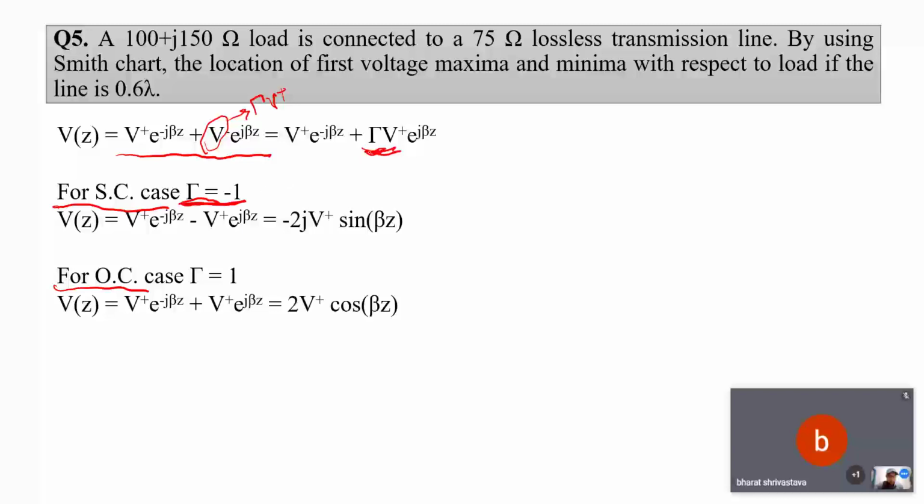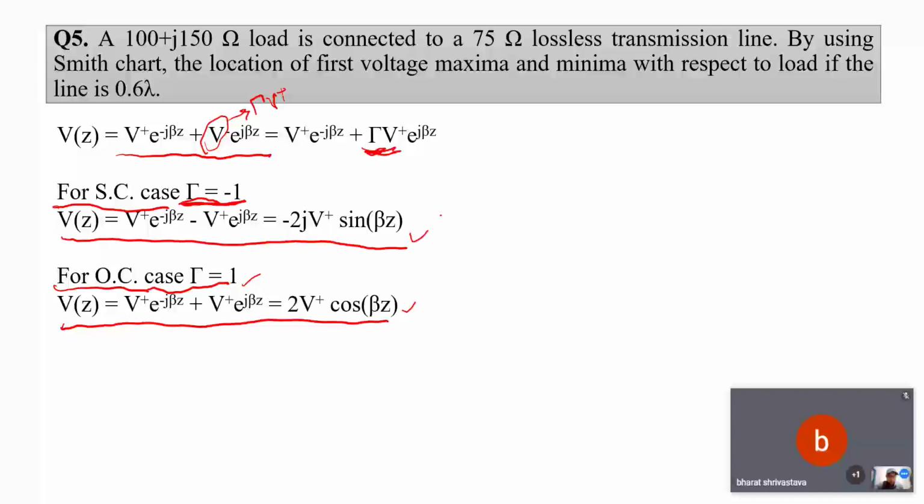So the net voltage is given as -2j V naught plus sine of beta z, whereas in the open circuited case, the value of gamma becomes equal to 1. So the net voltage of the transmission line is defined as 2V plus cos of beta z.